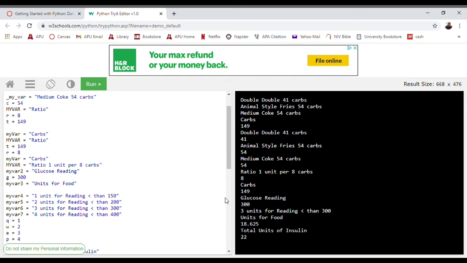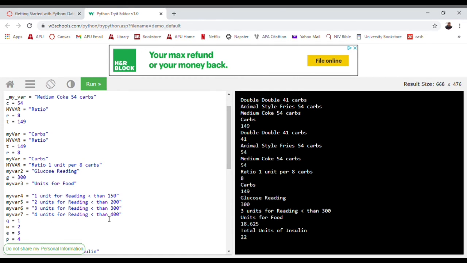Again, there are certain numbers that are set inside, and one would be the 8 carbs, 1 unit per every 8 carbs. That's set. You don't have to change that. The food would always change. And then you're going to have 1 unit if her reading is greater than 150, 2 units for 200, 3 units for the 300.